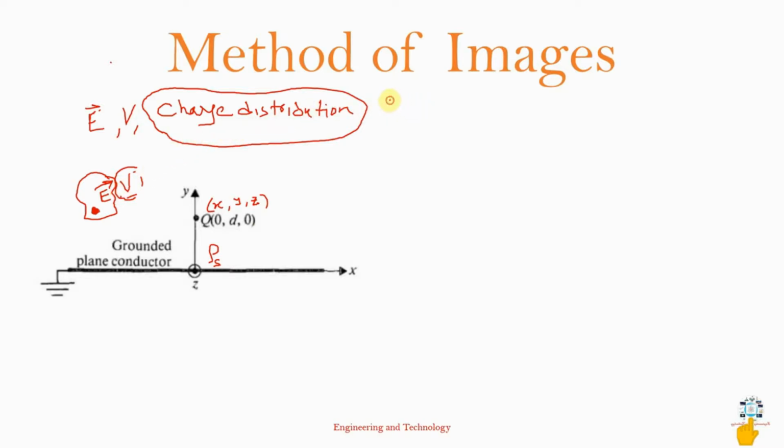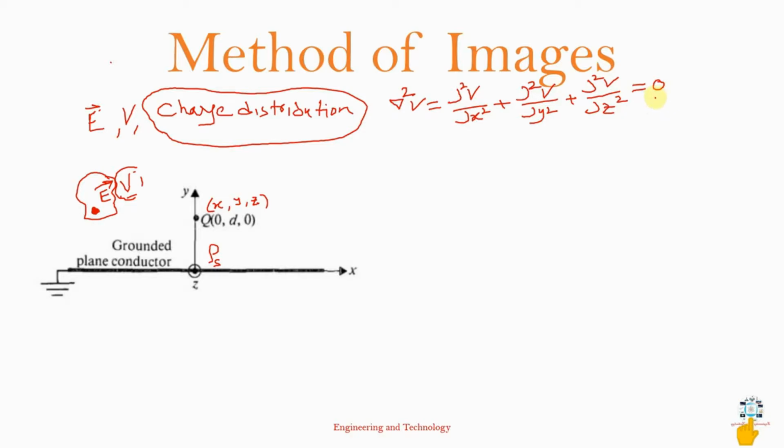We'll start by solving the Laplace equation, which is given by del squared V, that is, the second partial derivative of V with respect to x, plus that with respect to y, plus that with respect to z, is equal to 0. This is the Laplace equation.